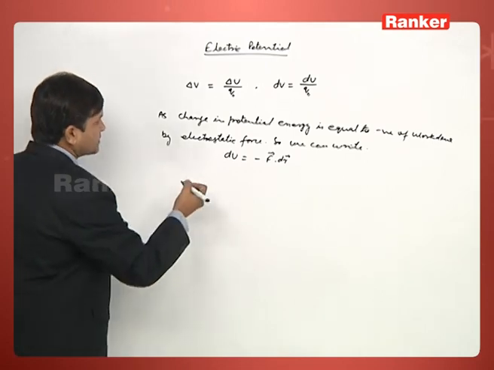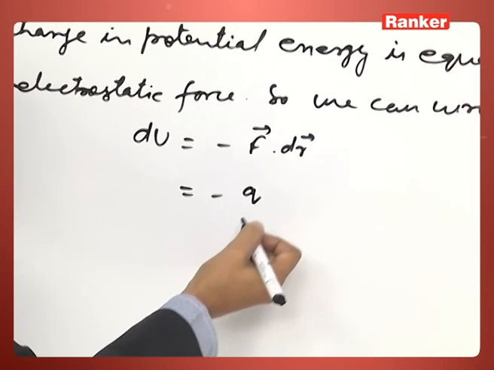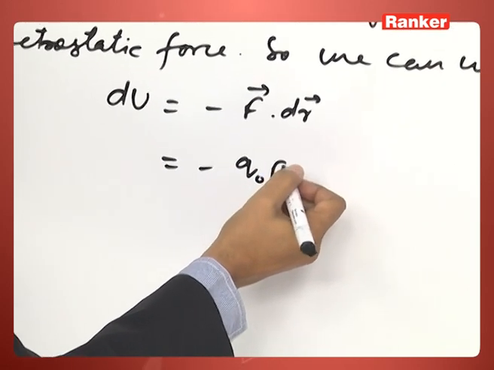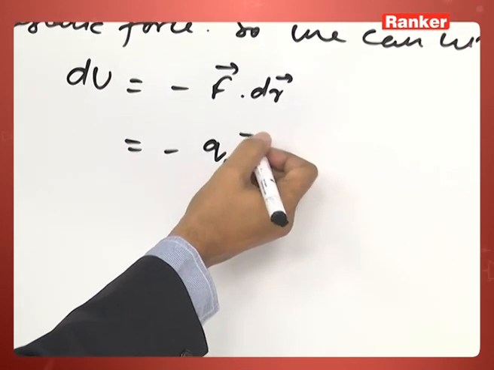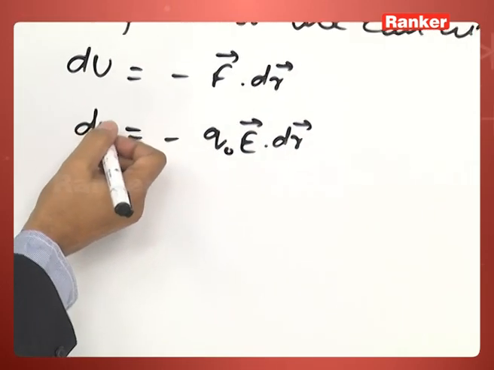Further we can write F is the force on test charge, q naught E, so dU is minus q naught E dot dr.